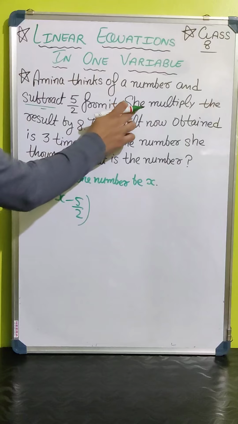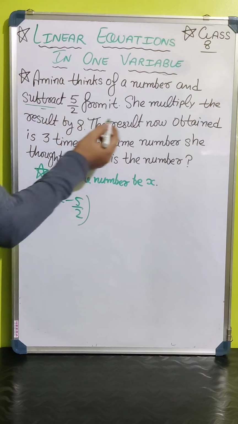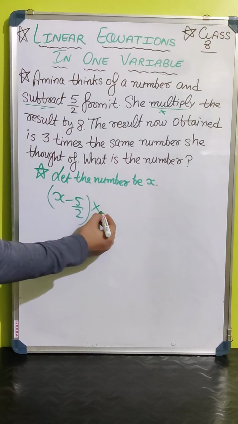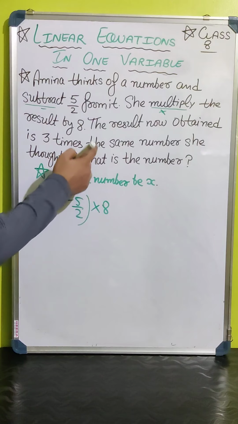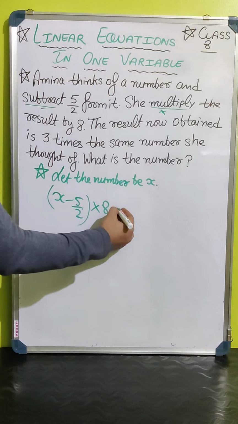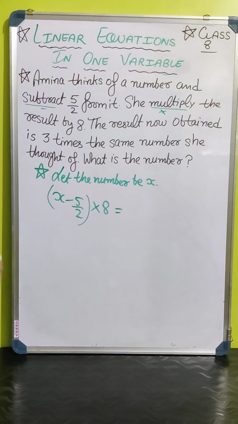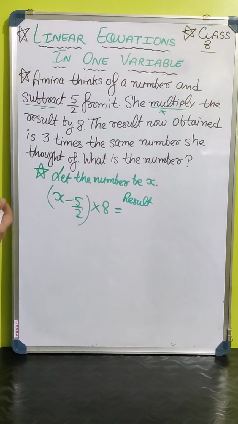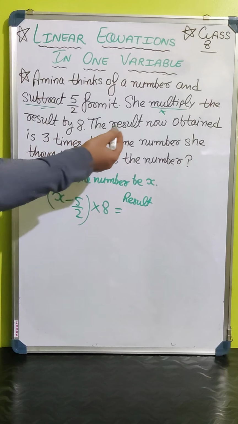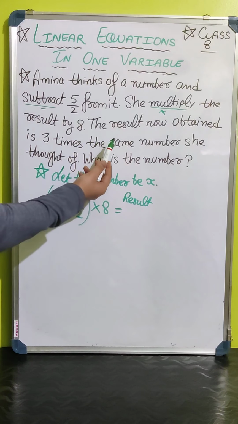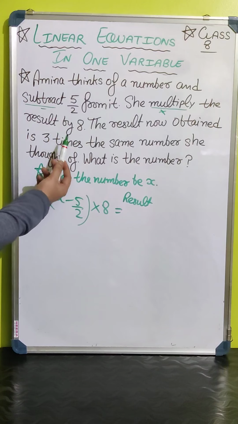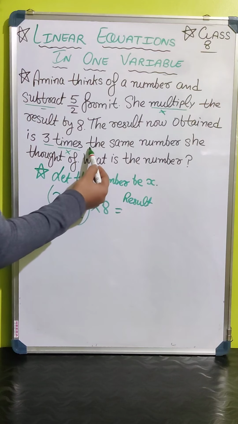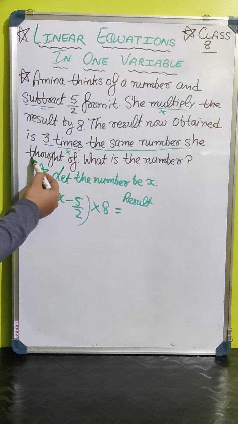Now what they are asking: she multiplied the result by 8. Multiply means into. You have to multiply the result by 8. The result now obtained means equal. The result now obtained is 3 times the same number she thought of. 3 times means multiply the same number she thought of.